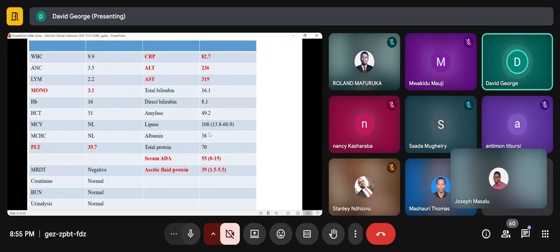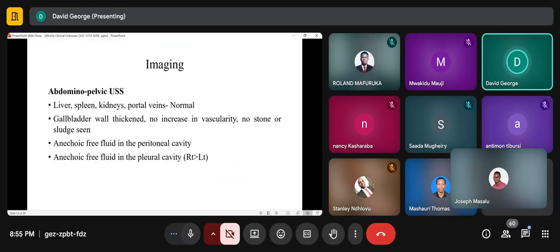Yeah, so the next basically two slides are about imaging, and after those, it will be time to commit to a diagnosis. So another one that was done was abdominal pelvic ultrasound, which reported the liver, spleen, kidneys, as well as portal veins were normal. The gallbladder wall was thickened and distended, but no increase in vascularity on Doppler interrogation, and no stones or sludge were seen.